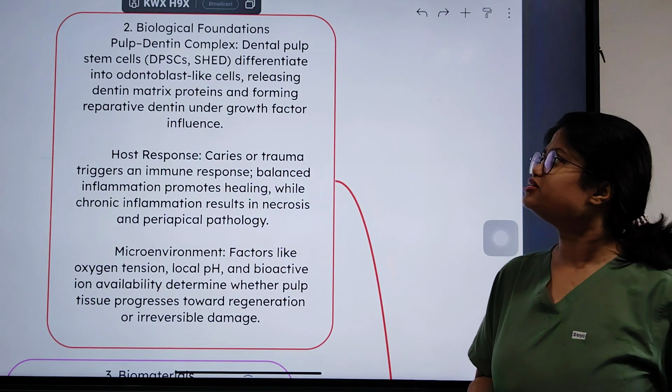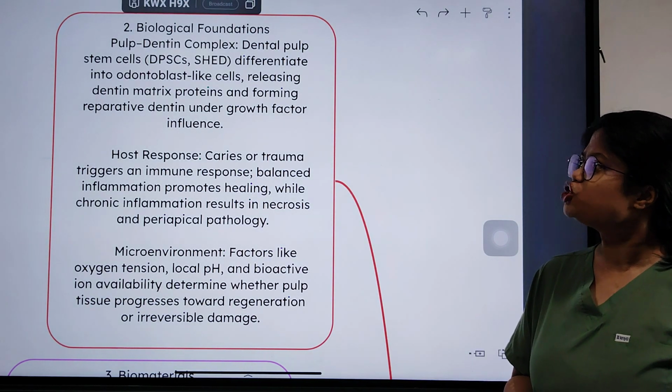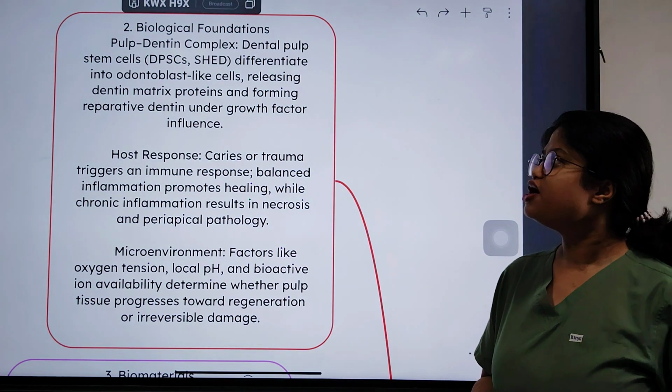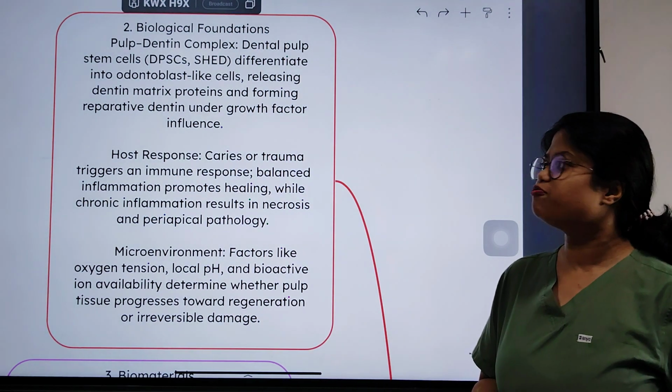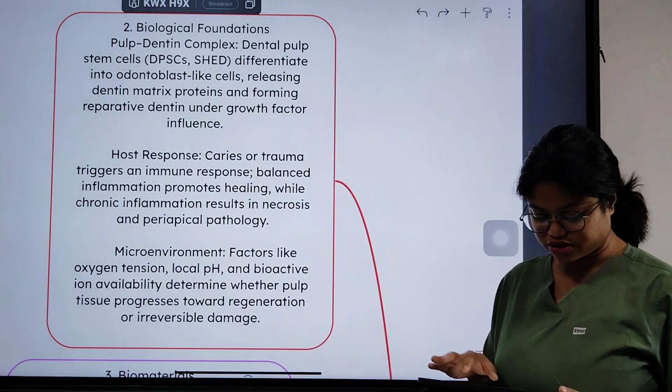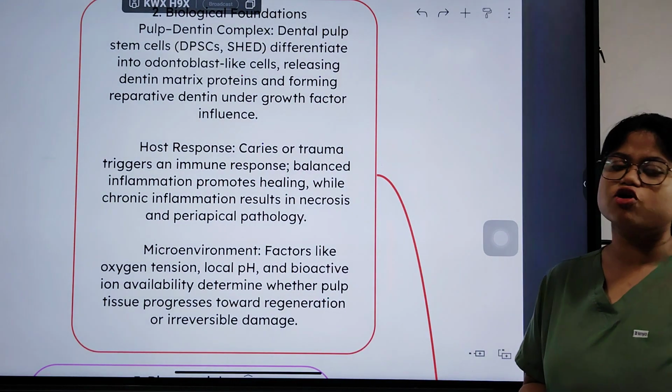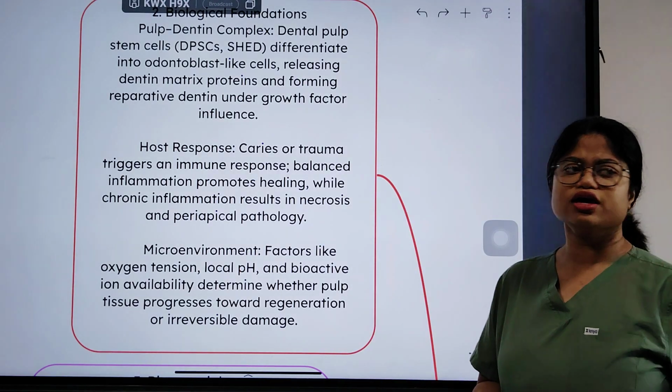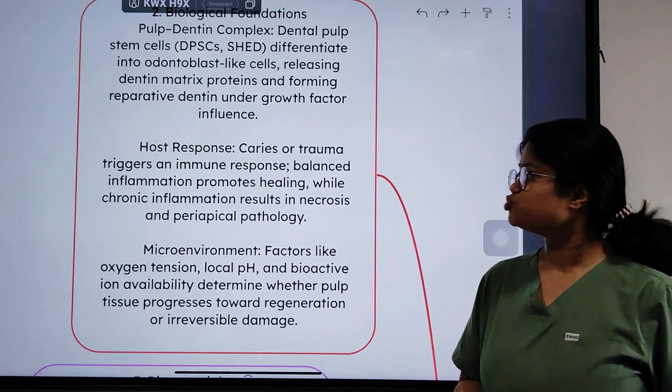The dental pulp stem cells differentiate into odontoblast-like cells, releasing dentine matrix proteins and forming reparative dentine under growth factor influence. In this, the host response plays a very important role. Caries or trauma triggers an immune response.